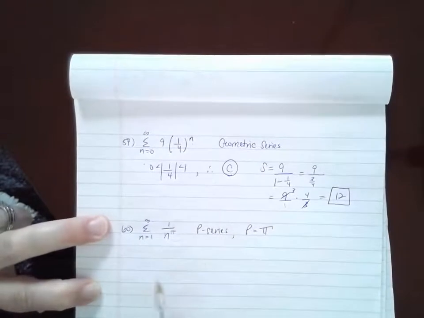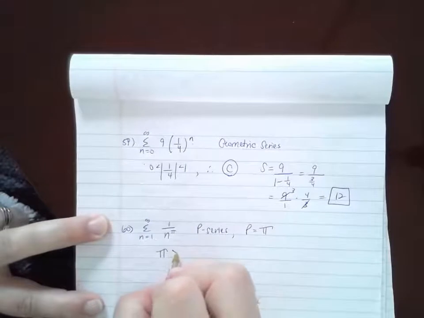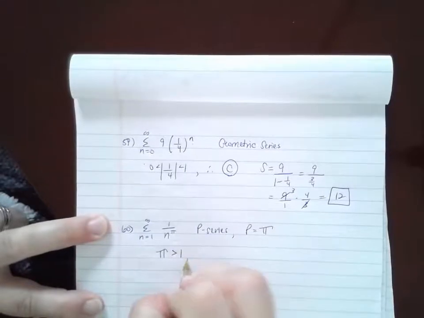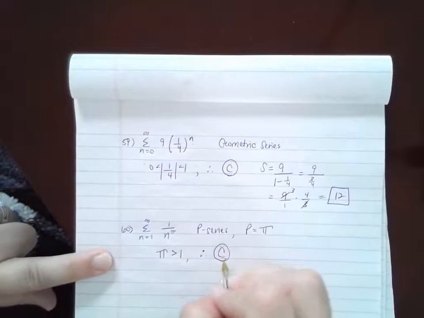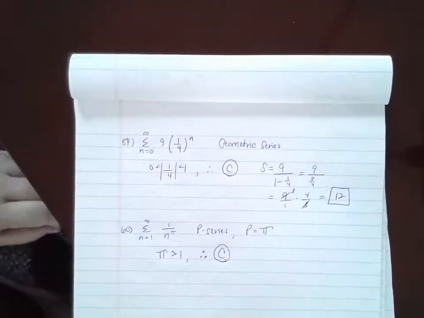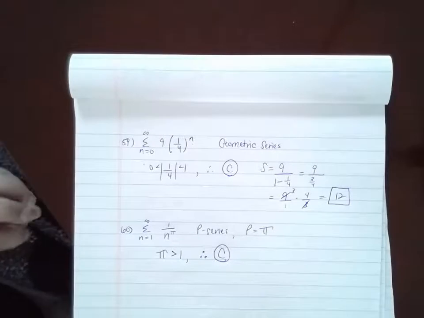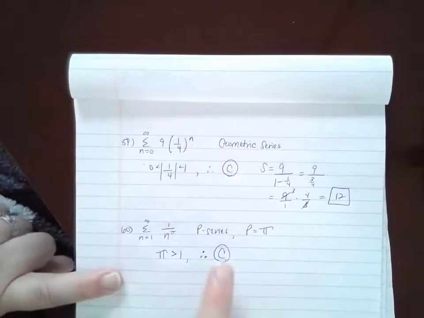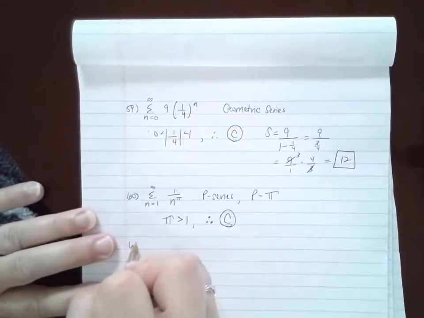And the P-series test says that if your p-value is greater than 1, this is different than geometric, then it's convergent. Anything that's between 0 and 1, including 1, would be divergent. Notice I'm not going any further. This is the extent of what that problem looks like.